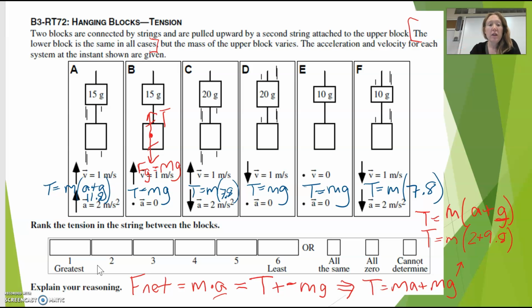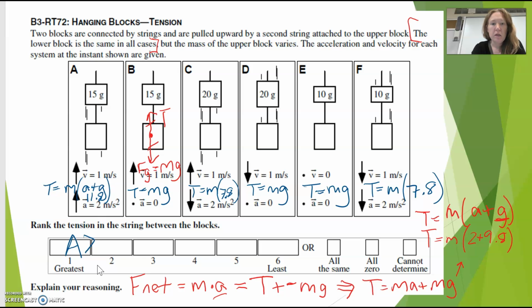So when we look at all of our numbers here, A is going to be the largest tension, because you're trying to yank that string up, and the string has to win over gravity to get that block to accelerate. Then we have a big tie, with 3 mg's in here.